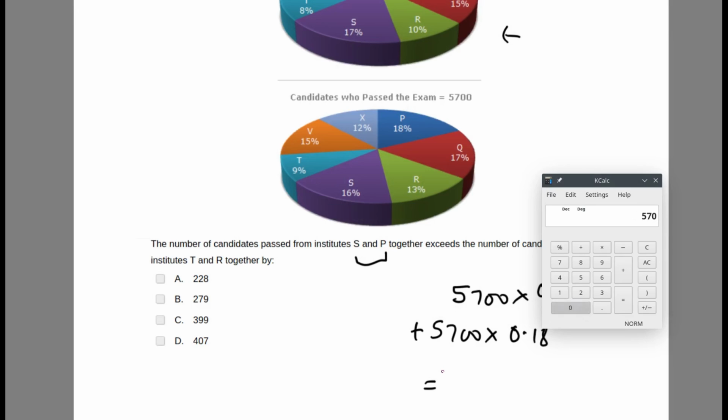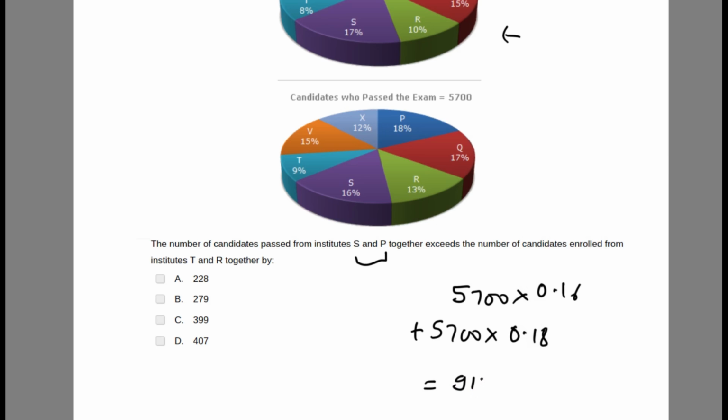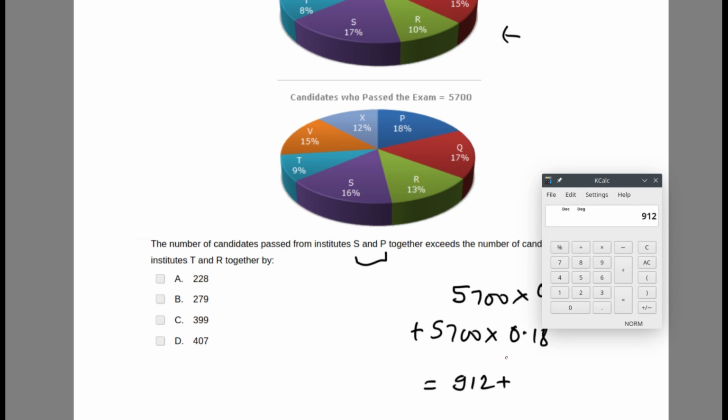So 5700 into 0.16 is 912. So 912 plus 5700 into 0.18, which is 1026, plus 912, is 1938.